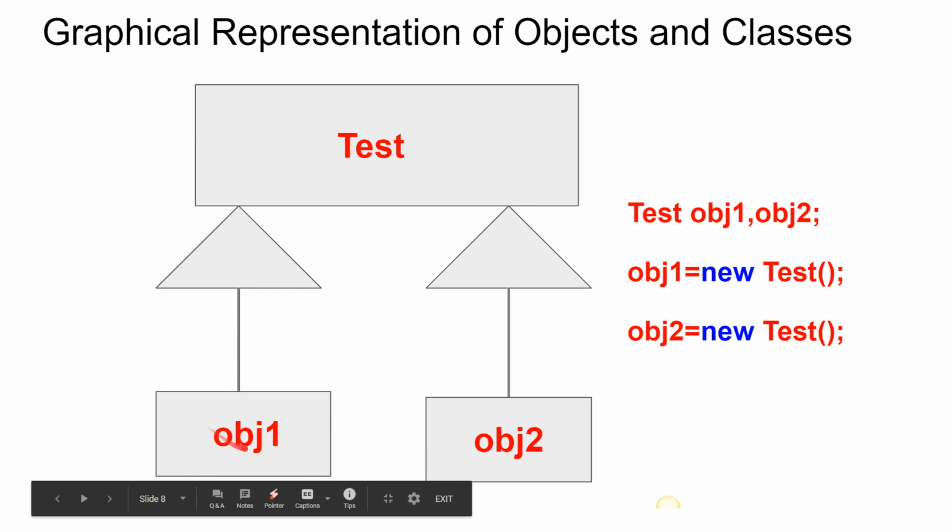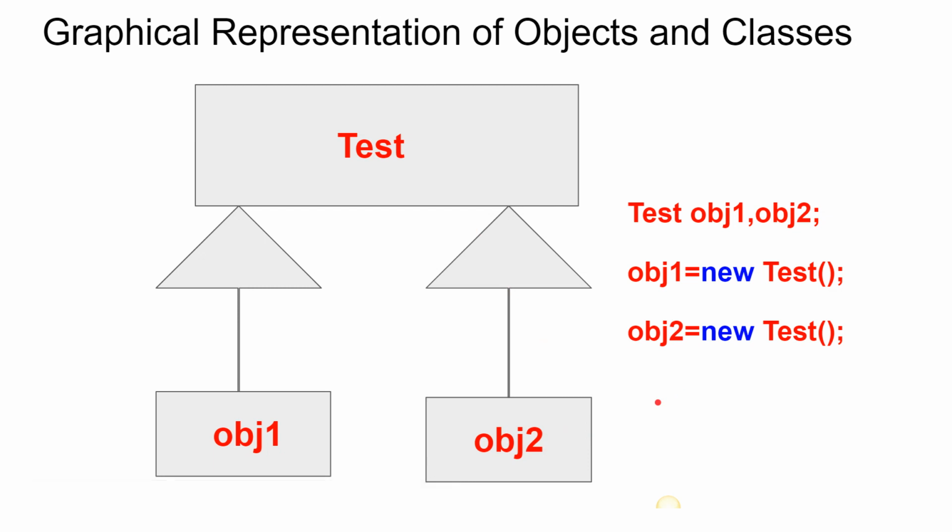For example, num1 is a variable of the Test class. In obj1 I can define num1 as 10, and in obj2 I can define num1 as 20. That is how it works. If I have 100 objects, obj1, obj2, obj3 up to 100, I have only one num1 variable in the Test class, but I can give a different value to that num1 for each object. That is the advantage of objects.